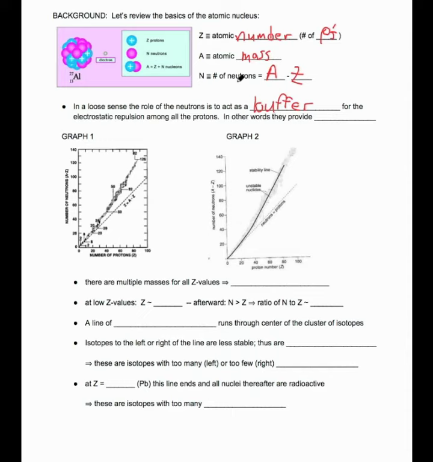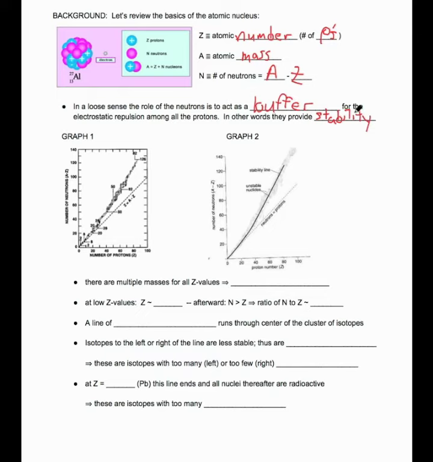So as you cram more and more protons, higher atomic numbers, you want as many, if not more, neutrons in there in order to offset that repulsion and allow the strong nuclear force to keep the nucleus more or less stable. So the neutrons help produce stability, even though they contribute to mass.